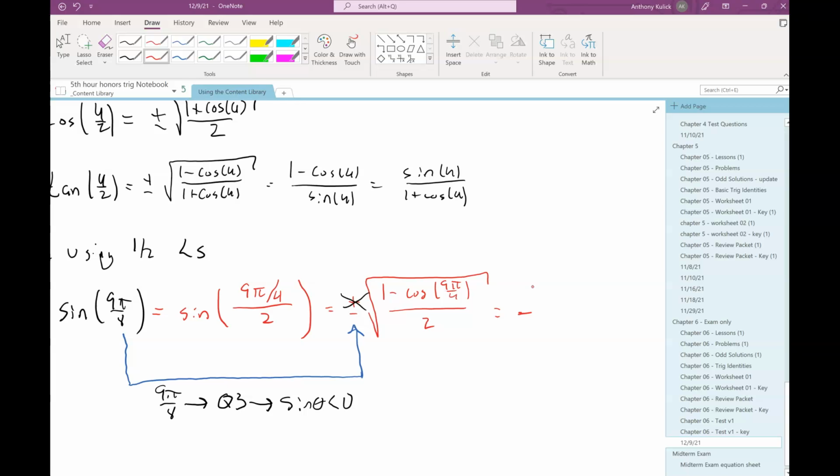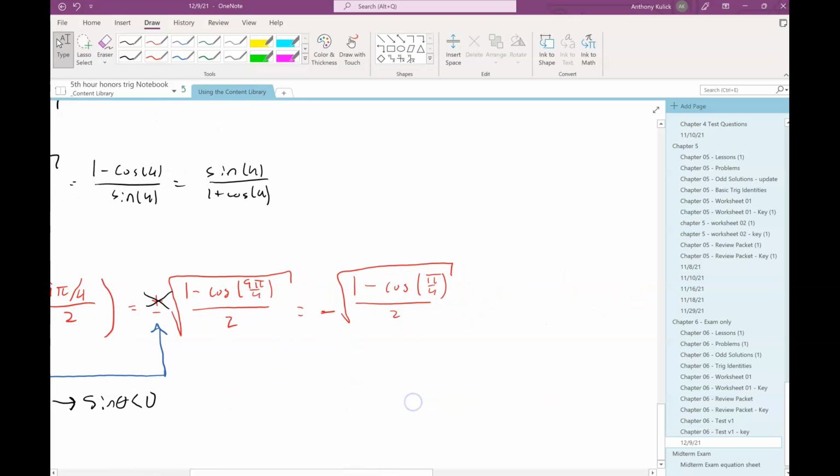When I subtract 2 pi from 9 pi over 4, I get pi over 4. I made a common denominator while I did that, and I just did it in my head. I hope you're all okay with that. Now I can go to my unit circle, look up cosine of pi over 4, which is just root 2 over 2.